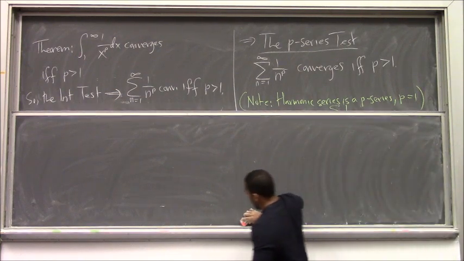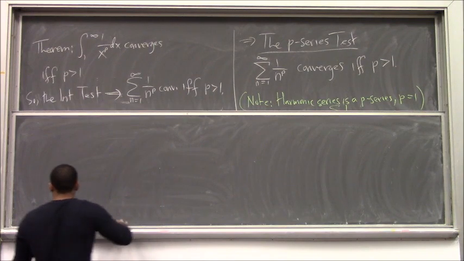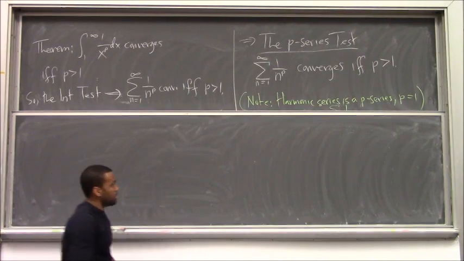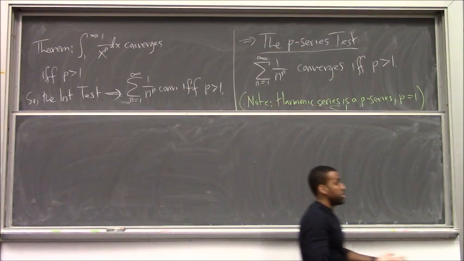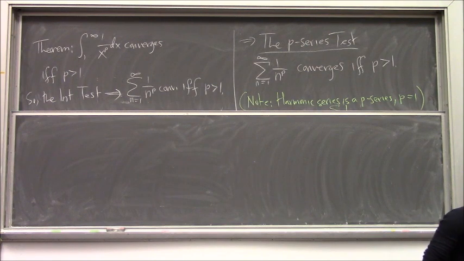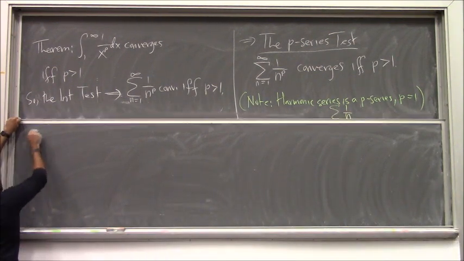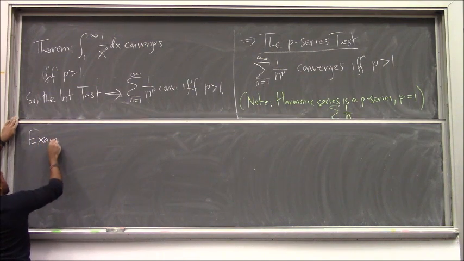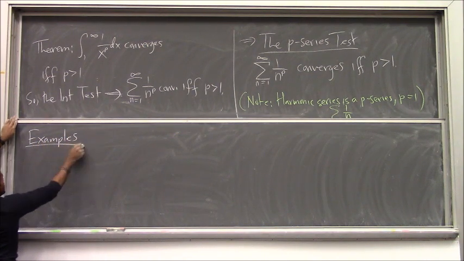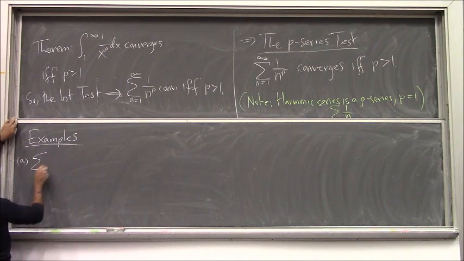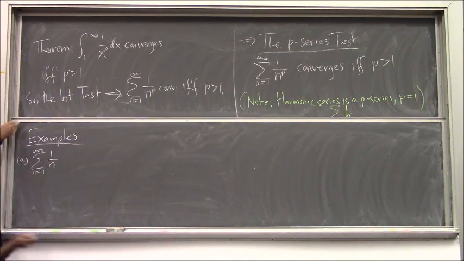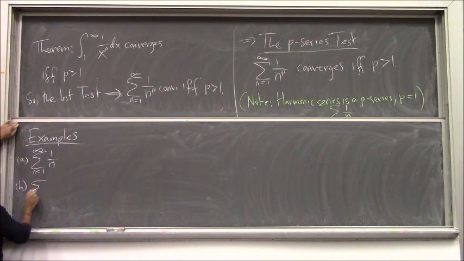The worst that I can do, which since algebra class is not bad at all, is just try to write n to a power in some weird way. The harmonic series is a very important series, so I'm going to put it as the first example. 1 over n squared, we spoke about that.